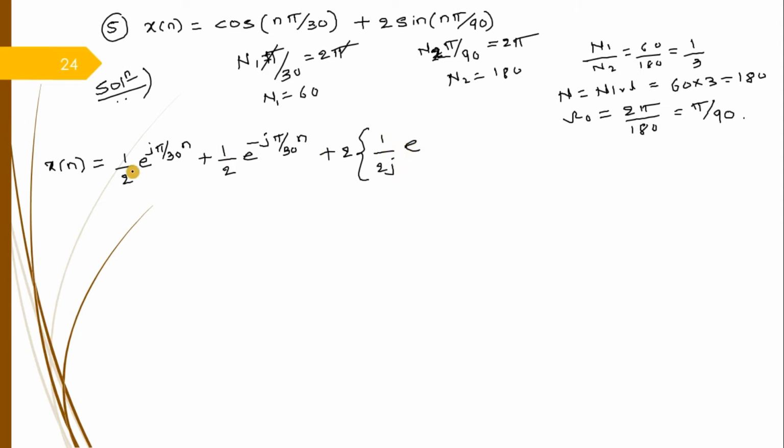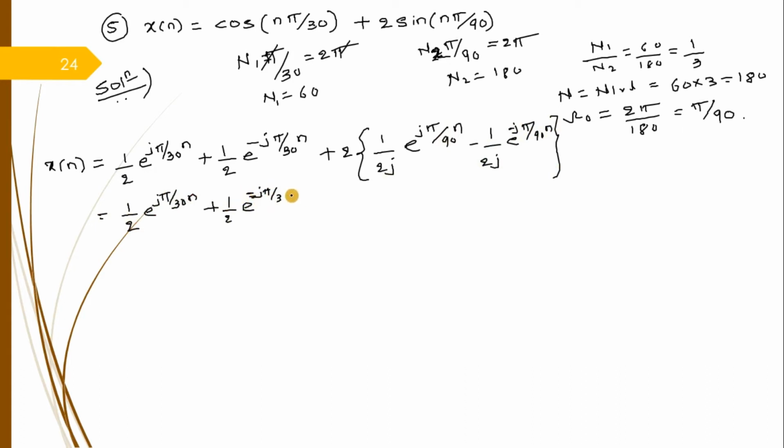First quantity is the same, j pi by 90 n, minus 1 by 2j e raised to minus j pi by 90 n. Okay, so this would give me the first term. This is the second term. It is already in simplified form.